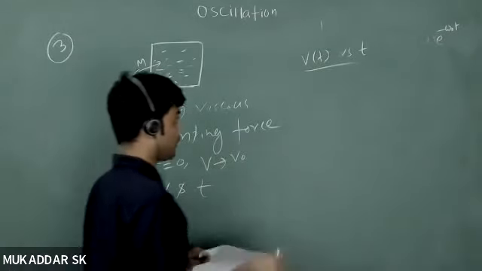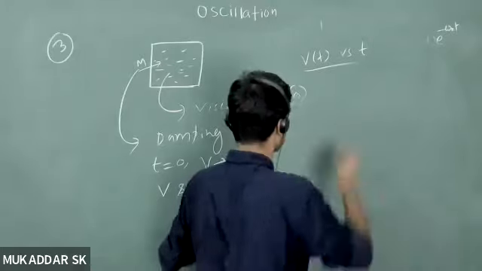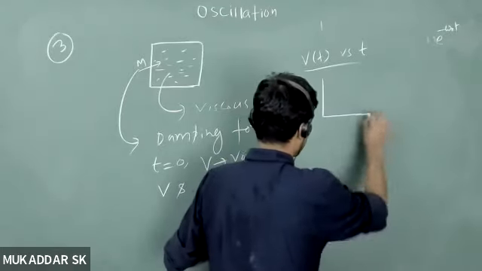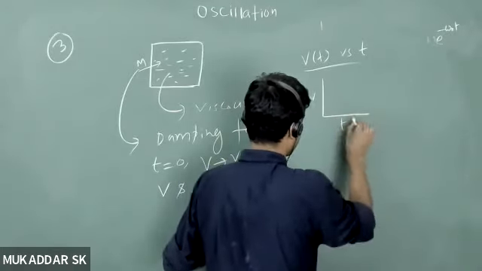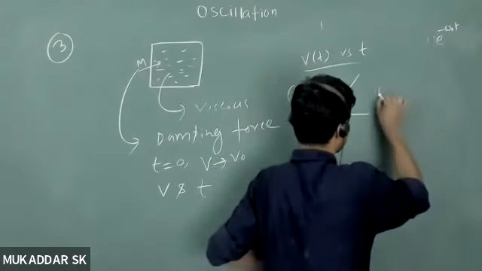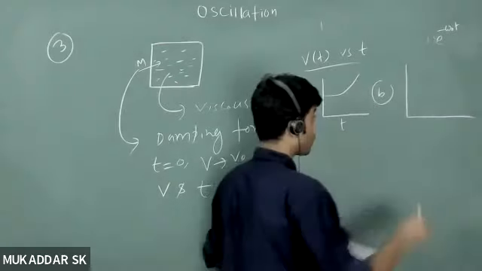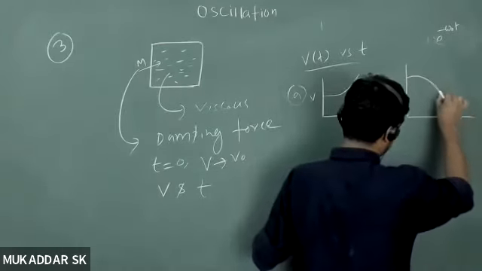So I'm giving 4 options also. Suppose v and t. Will it be like this? Second option, will it be like this?